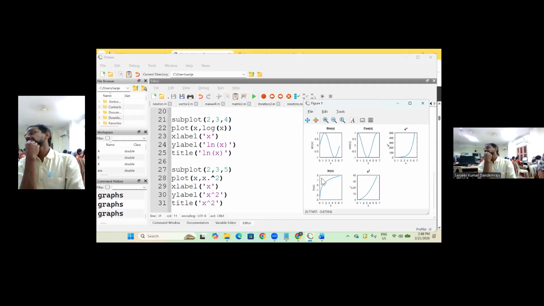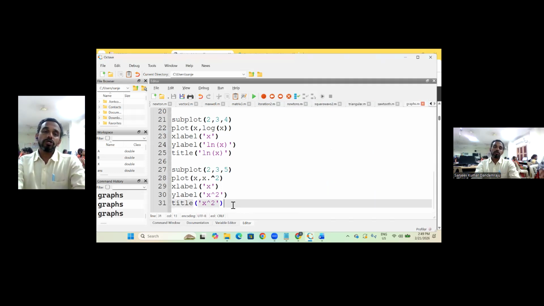Then x square. And the last one is square root of x.